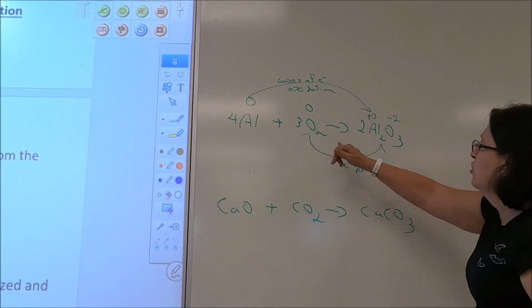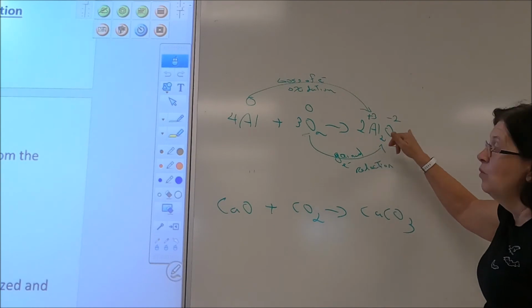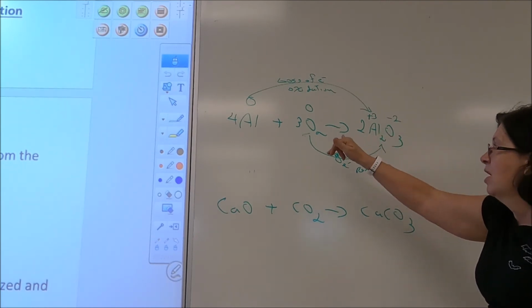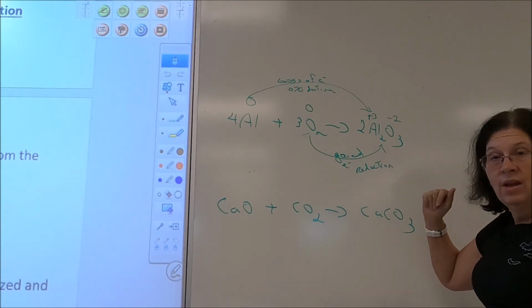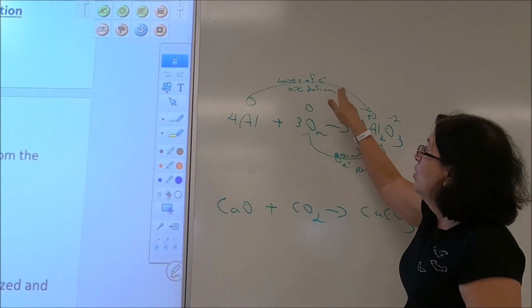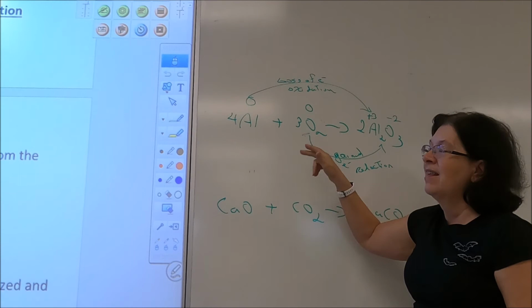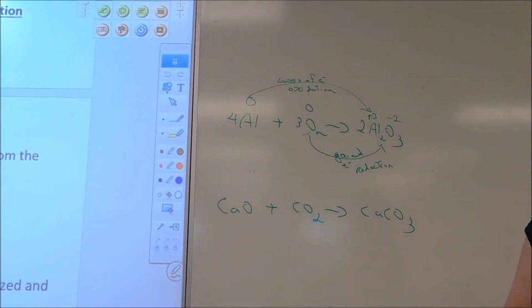Now, the word reduction comes from the fact that we reduced the oxidation number. The oxidation number went down. 0 to -2 is reduction. The word oxidation comes from the fact that when oxygen reacts with almost everything, it takes electrons from it, and it causes it to lose electrons. So the word oxidation means that oxygen's going to take your electrons.